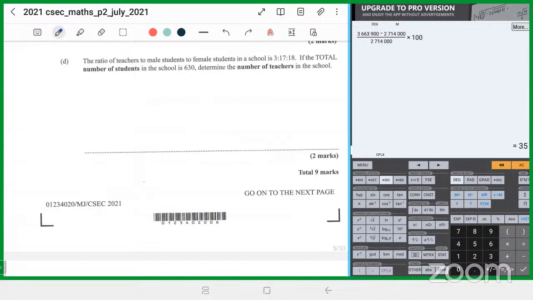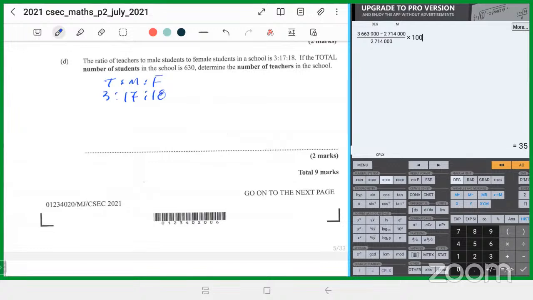So I like to do the ratio the simple way, where you just multiply or divide by values to get what you want. So let's set up like this. Teachers to male to female, they gave us that as 3 to 17 to 18.